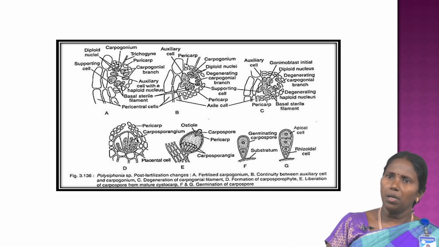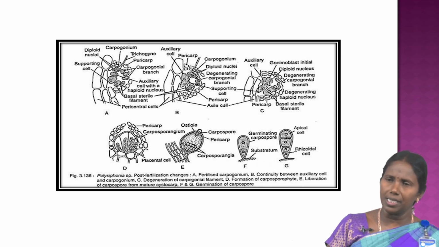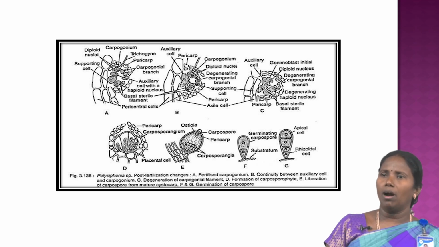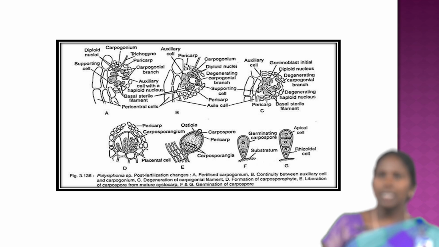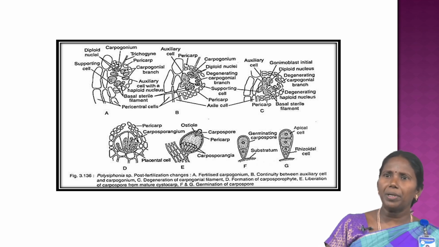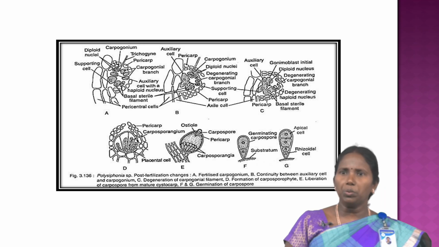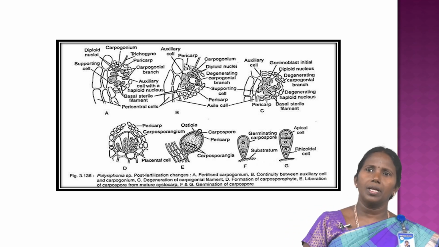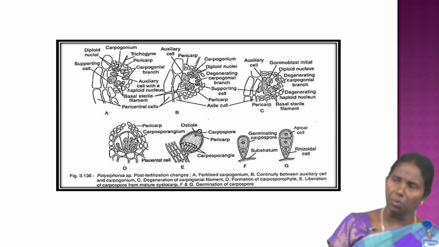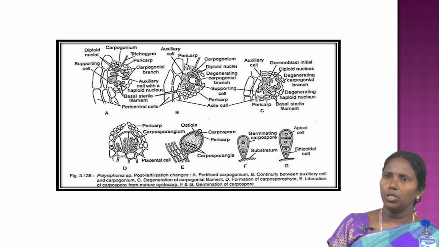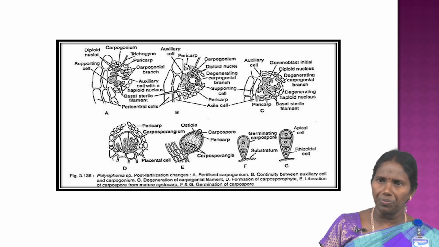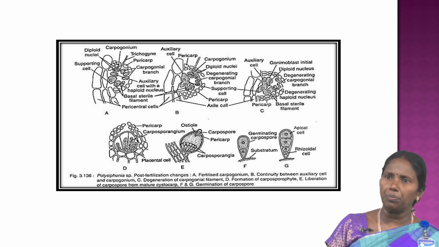In this way, many gonimoblast initials can develop on the auxiliary cell, each initial forming gonimoblast filaments by repeated mitotic division. The terminal cells of the gonimoblast filaments develop into a carposporangium which forms a single diploid carpospore inside.